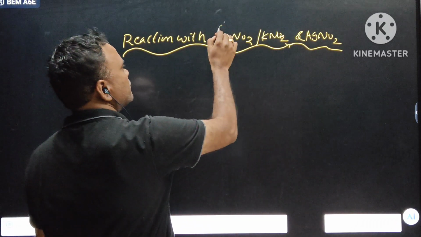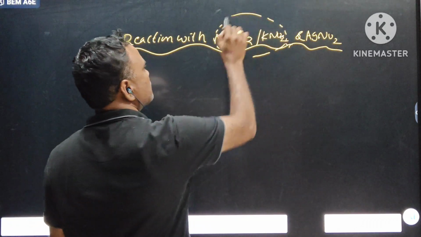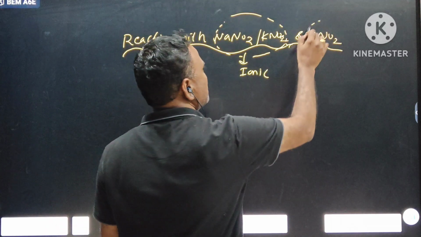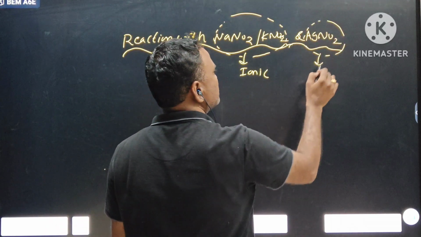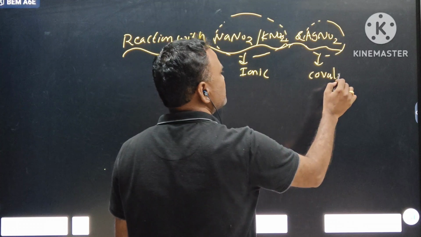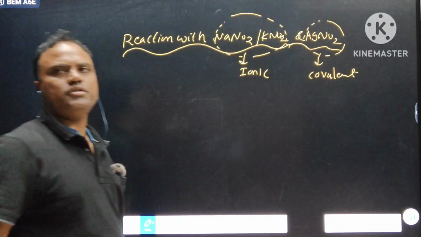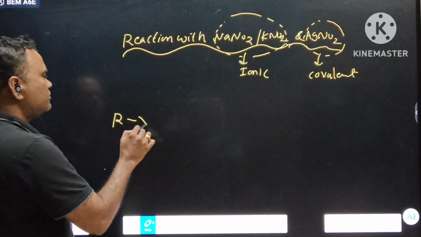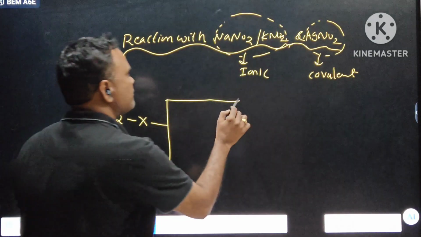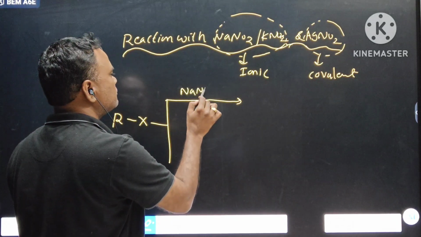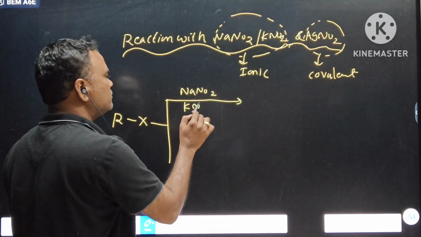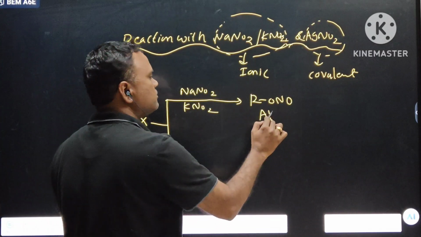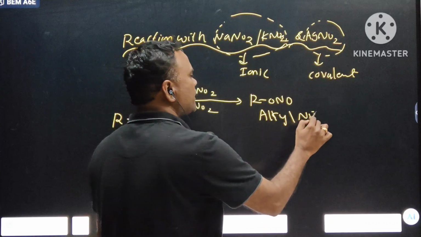See, NaNO2 and KNO2 are ionic, and AgNO2 is covalent. With NaNO2 or KNO2, you will get an alkyl nitrite.